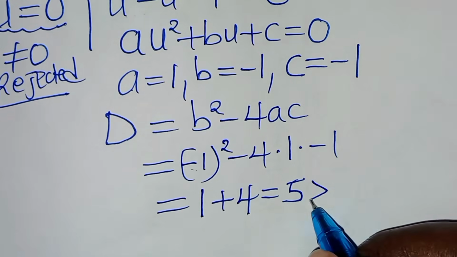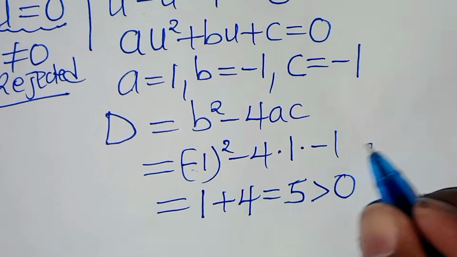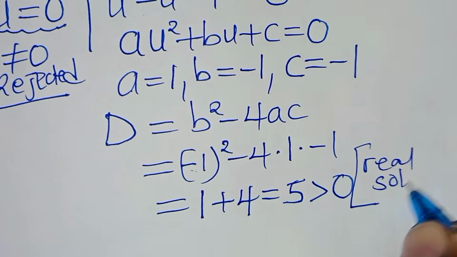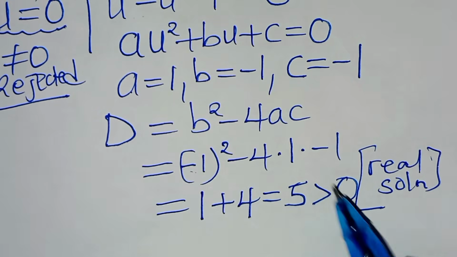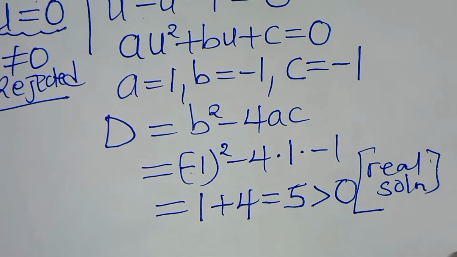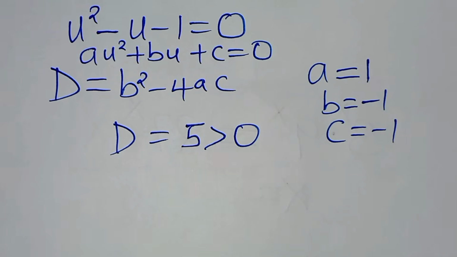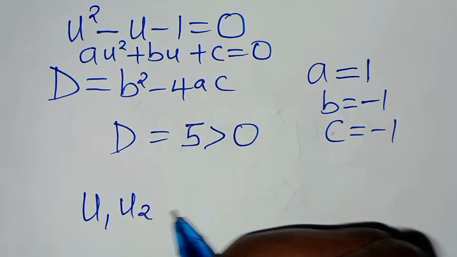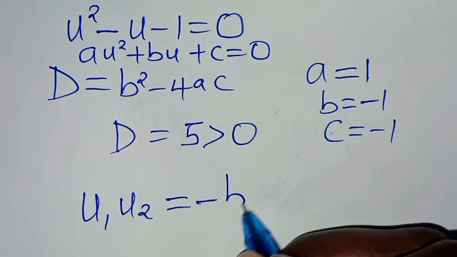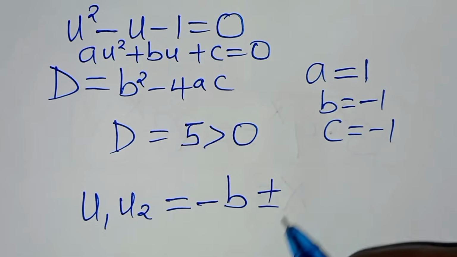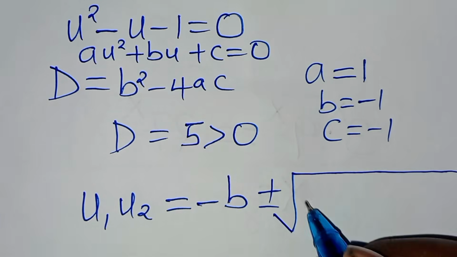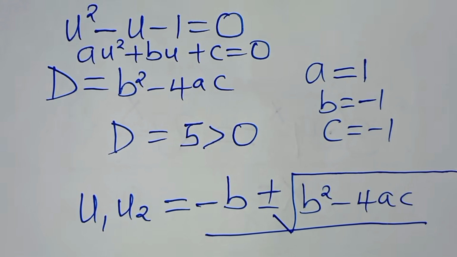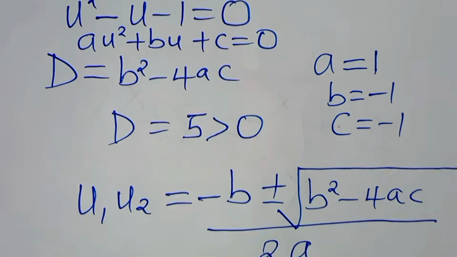So 5 is greater than 0. So essentially here, that means there are real solutions from here. So let's proceed to solve for the values of u1 and u2 from here. To solve for u1, u2, we apply the quadratic formula, that is minus b plus or minus the square root of b squared minus 4ac, everything here over 2 times a.